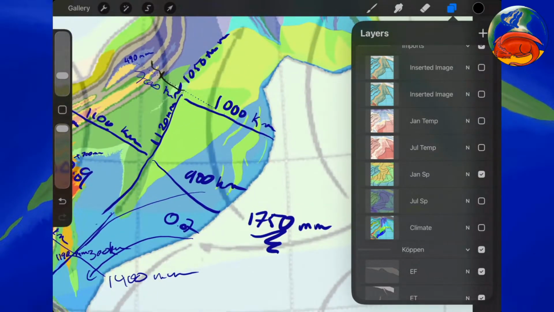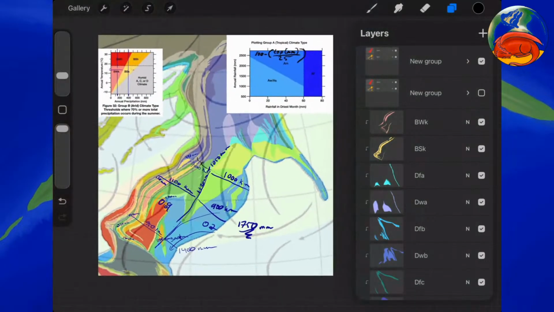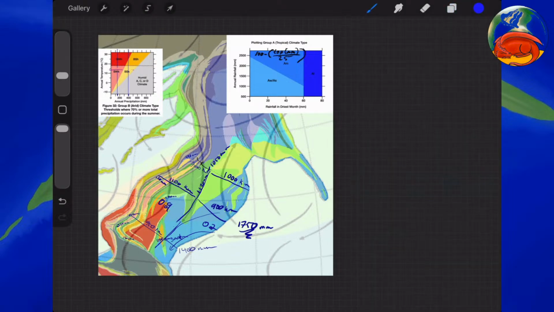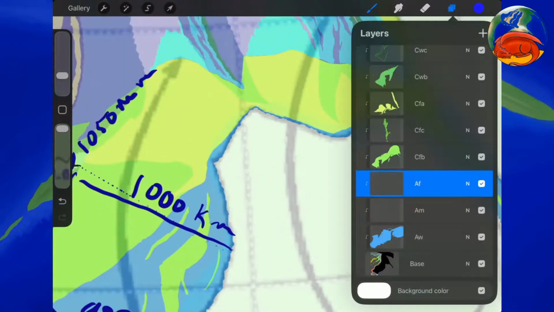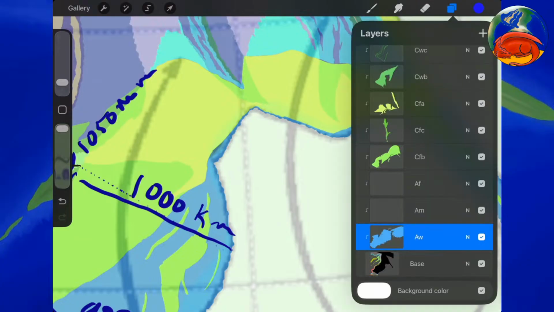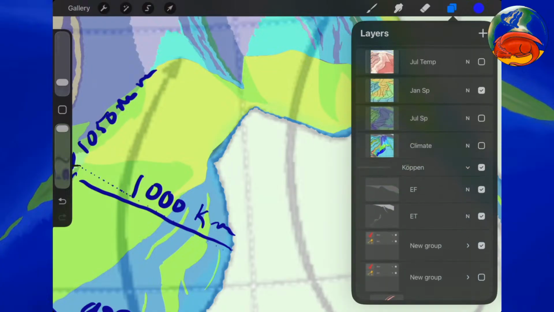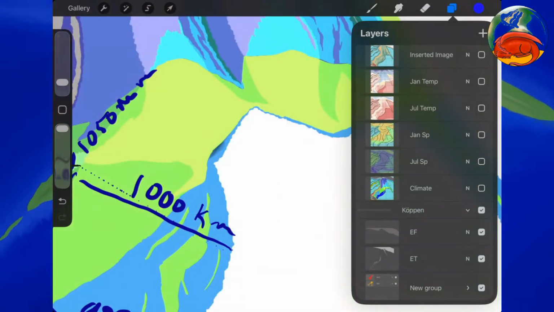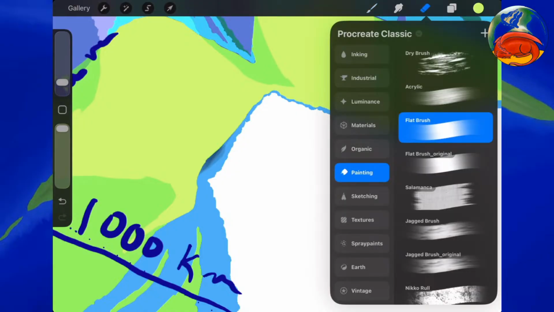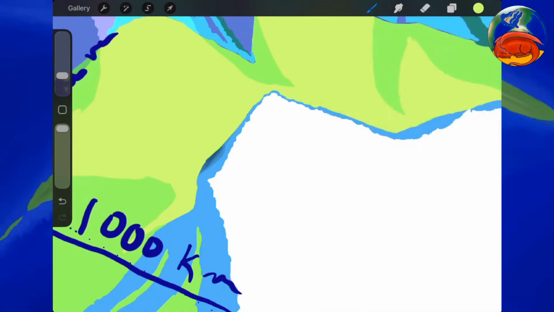So first off, we are going to make sure that we get the AF in that area over there. And then I'll probably erase the AW up here too. Do I need to erase it? No, I do not. I'm just going to CFA over it. And what's my eraser? It should also be the inking brush. Great.